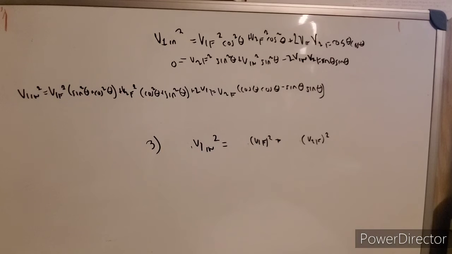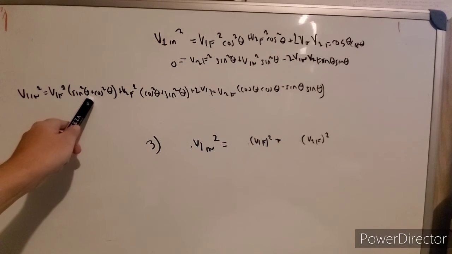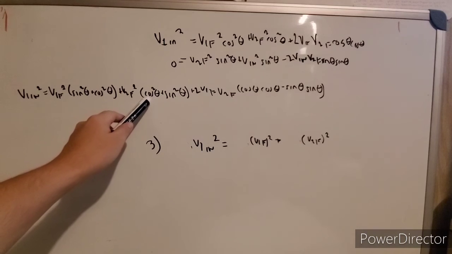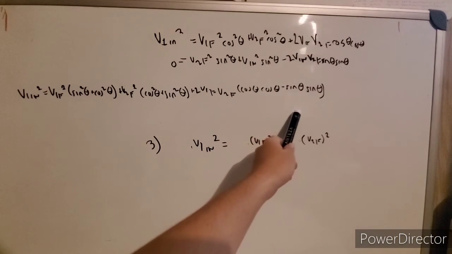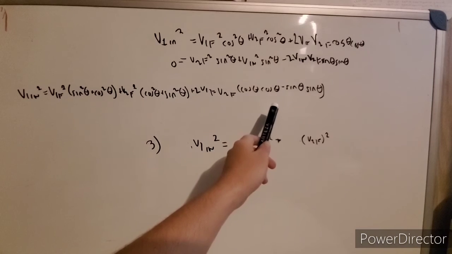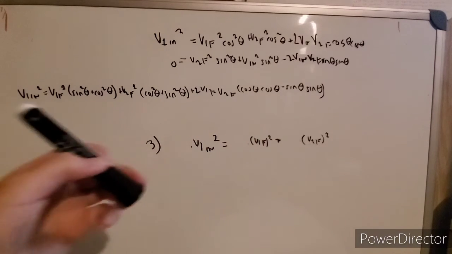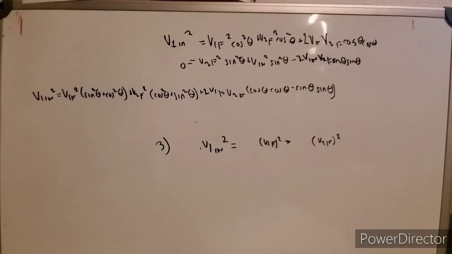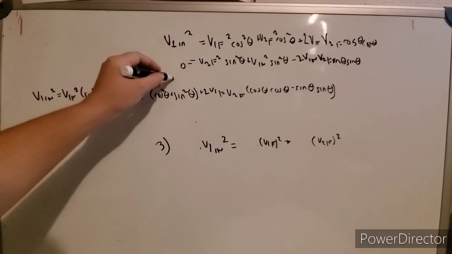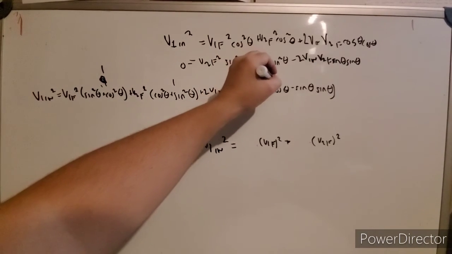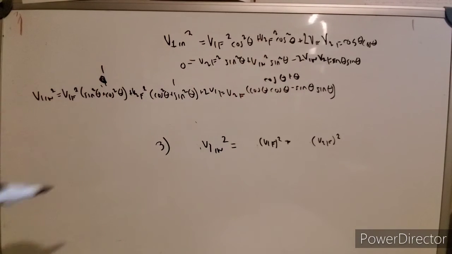And so, as we can see, we have sine squared theta plus cosine squared theta, and cosine squared theta plus sine squared theta. As you know, by the Pythagorean trigonometric identities, sine squared x plus cosine squared x is equal to 1. And here we have, by the sum identity, cosine theta cosine theta minus sine theta sine theta is equal to cosine of theta plus theta. So now cleaning this up, to make it simple, this is equal to 1 and cosine of theta plus theta.